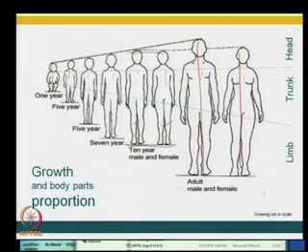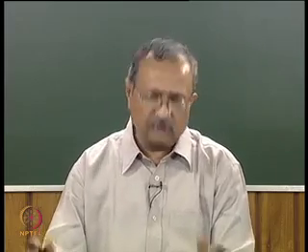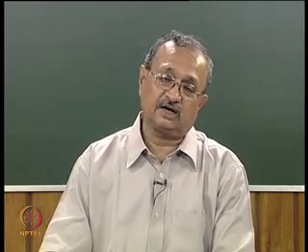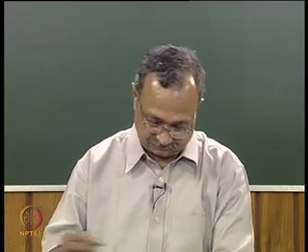Now, why do we need to know this proportion knowledge? It is required because if we want to make a piece of furniture, suppose, or any specific design that boys and girls below or around 10 years of age are going to use, there we may not consider the difference of body sizes, but after that maybe some specific requirements are necessary to consider.